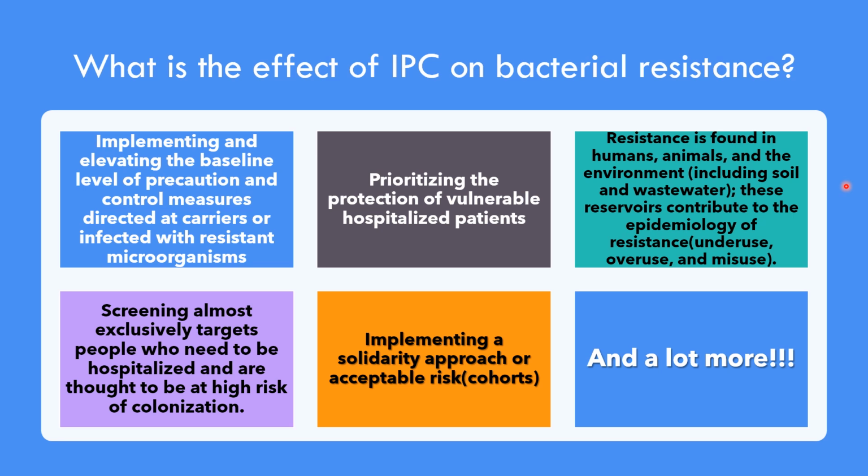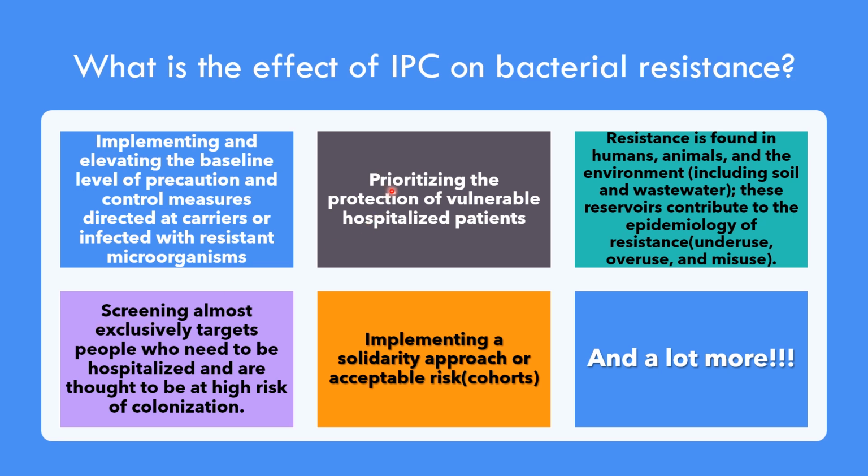What is the effect of infection prevention and control on bacterial resistance? They implement and elevate the baseline of precautions, coinciding with the type of resistance. The control measures are also directed at the carriers of the infected or resistant organism.